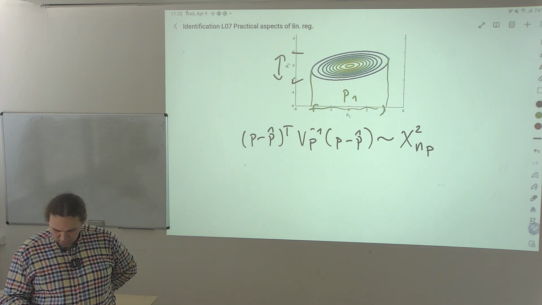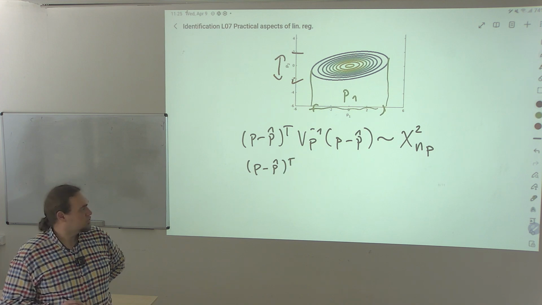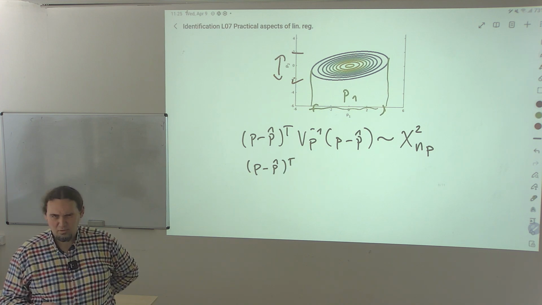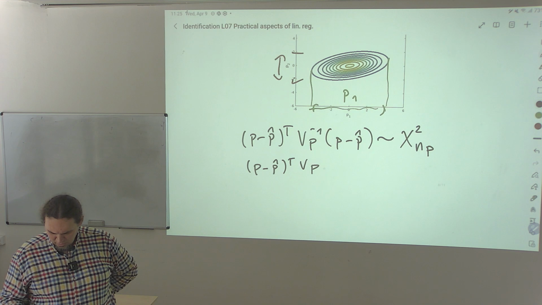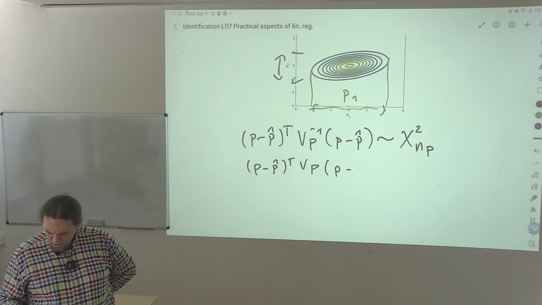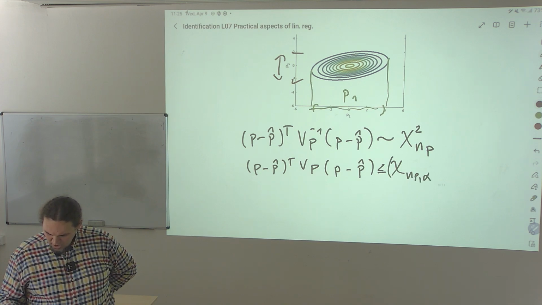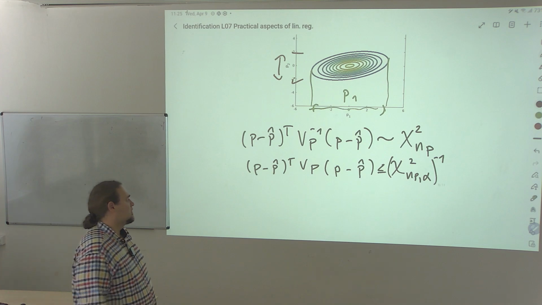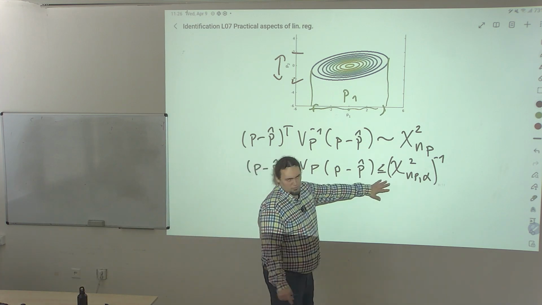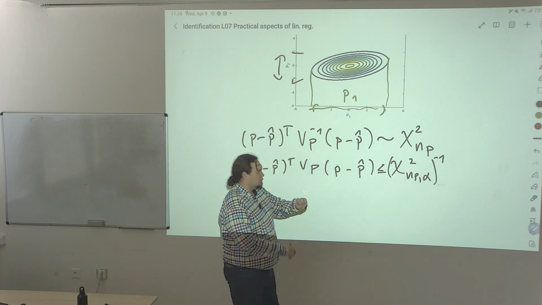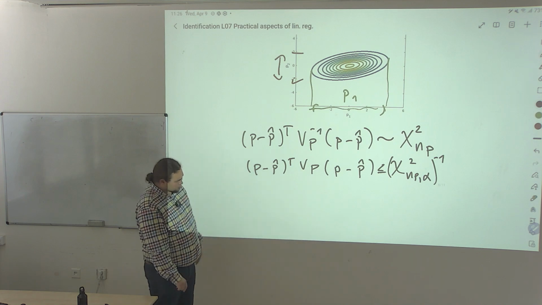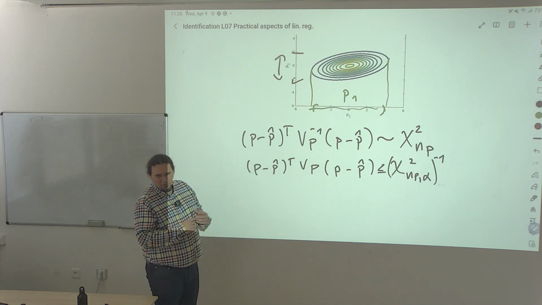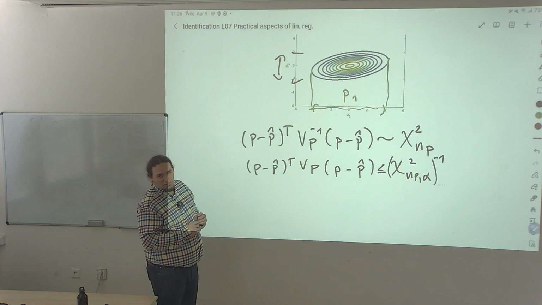And how to get this ellipse? I think you either tried plotting an ellipse in one of the exercises, or you will do it today. So if we now take the quantile of the chi-square distribution, this is what we already did when we were trying to find the confidence interval for the estimation of a constant.